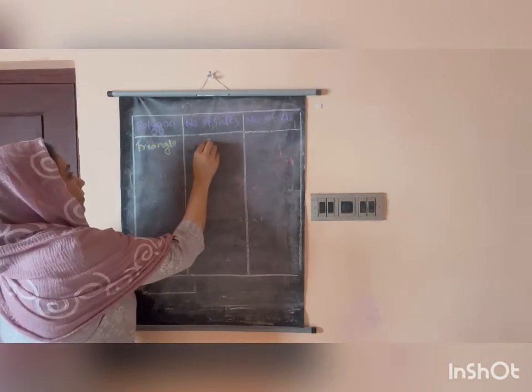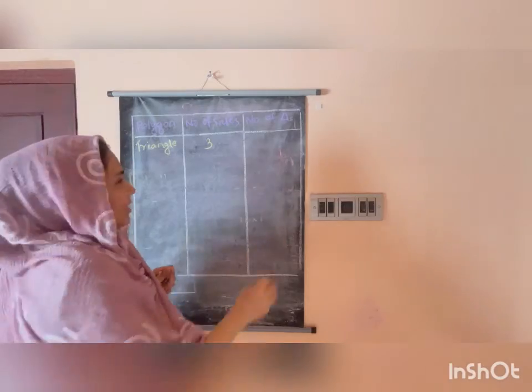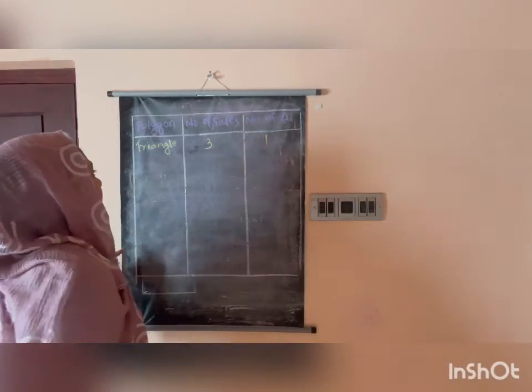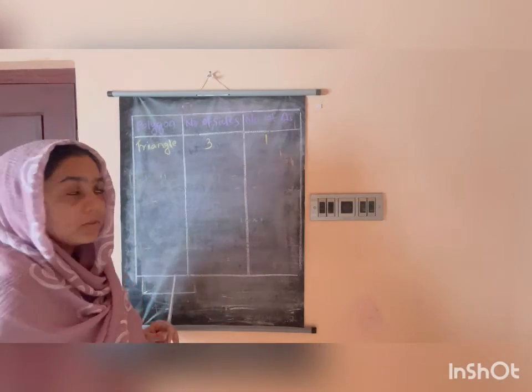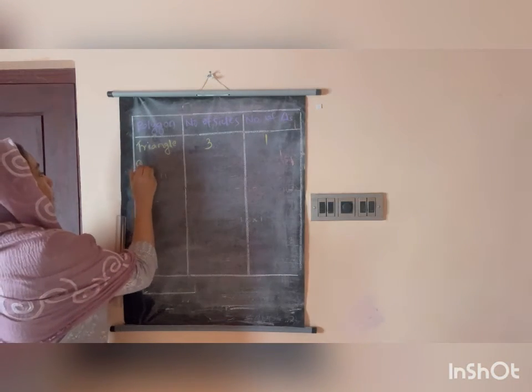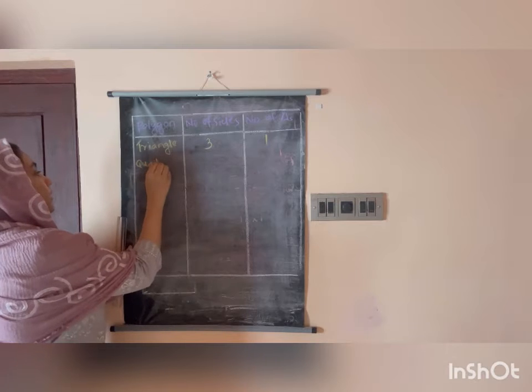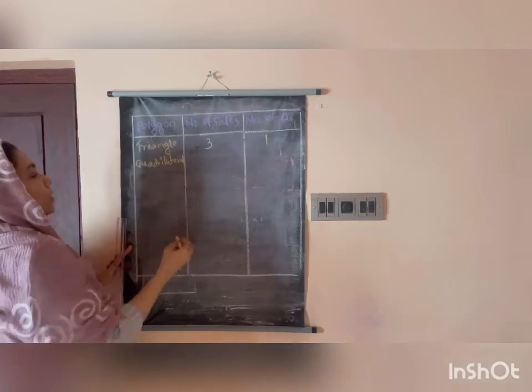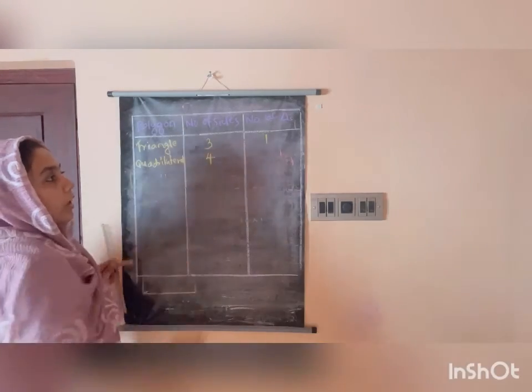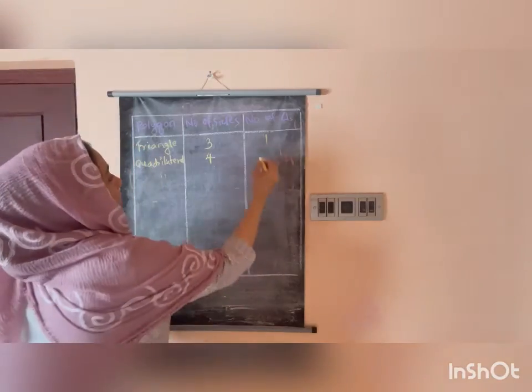Yes, 3. Number of triangles? 1. Then the next polygon, what was our 4-sided polygon's name? Quadrilateral. How many sides does it have? Yes, 4. How many triangles did we get when we split it? Yes, 2.